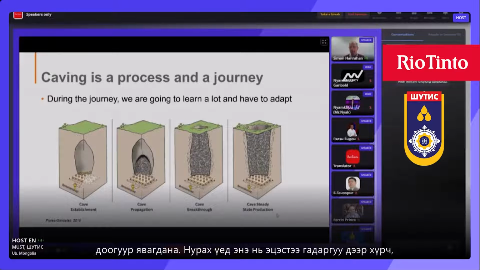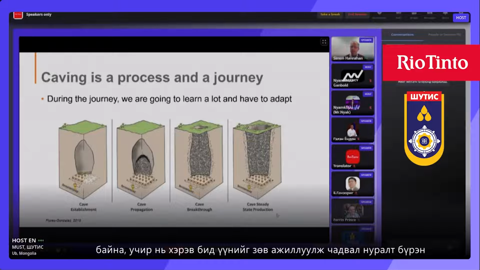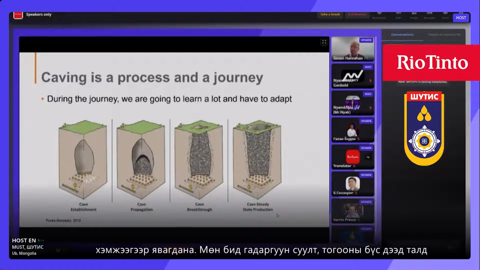Eventually, because all caves are underground and below the surface level, a cave, because it collapses, will eventually reach surface and intersect it, and we get what's called a subsidence zone. And that's really when a cave starts to mature. If we move to the far right-hand side, we can see the difference from the previous figures.